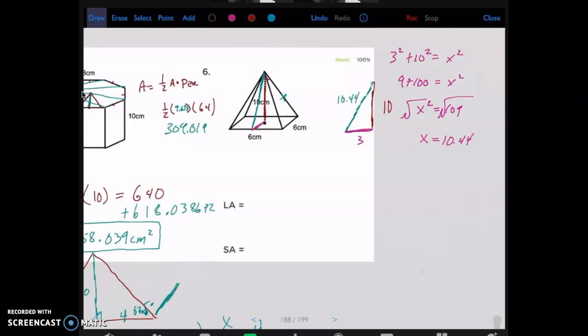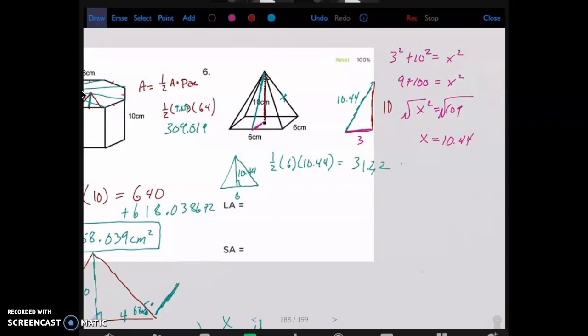So to find the lateral area, there is like a strange formula, but I just like doing the nets. So it'd be the area of all these triangles, and all these triangles are going to be the same. So the base is going to be 6. We just found the slant height to be 10.44. So one of the triangles is going to be 1/2 times 6 times 10.44, which is 31.32.